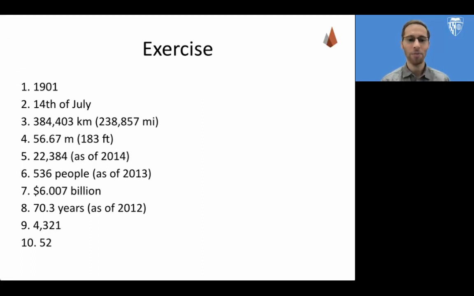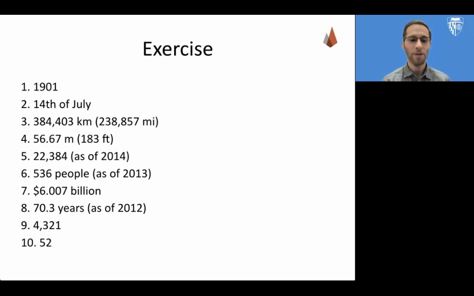The date the French celebrate Bastille Day is on the 14th of July. The distance from the Earth to the Moon is 384,403 kilometers, or 238,857 miles. The height of the Leaning Tower of Pisa is 56.67 meters, or 183 feet. The number of students attending Oxford University as of 2014 was 22,384. The number of people who would travel to space as of 2013 is 536 people.